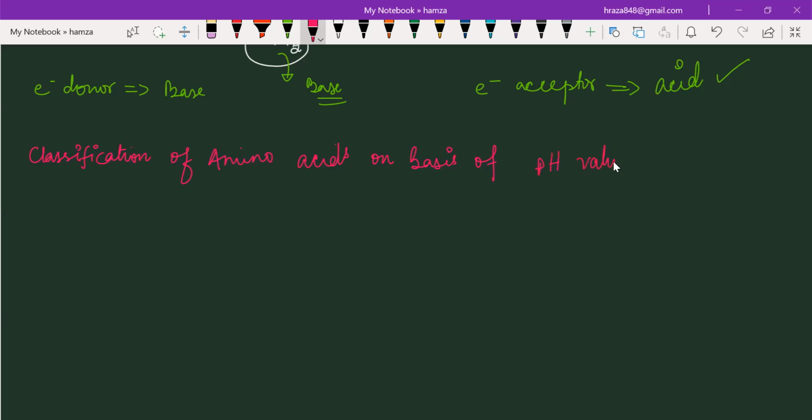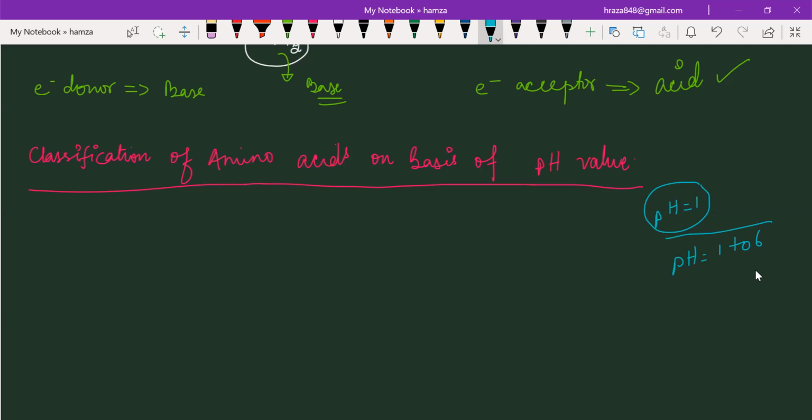That means amino acid is neutral, acidic, or basic. Everyone knows that if pH is equal to 1, what does this mean? If pH is equal to 1 to 6, what does it mean? Acid or base? Base.